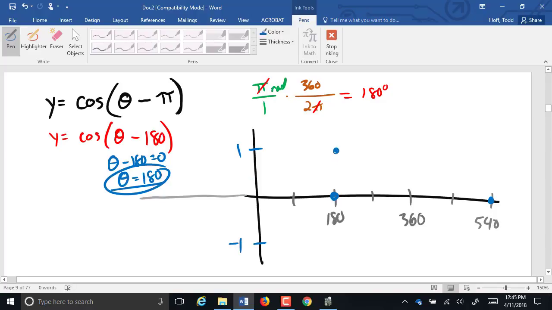So right there. Where would our first equilibrium be? 270 right there. Our trough? 360. Next equilibrium? 450. And then up to our peak again right there.